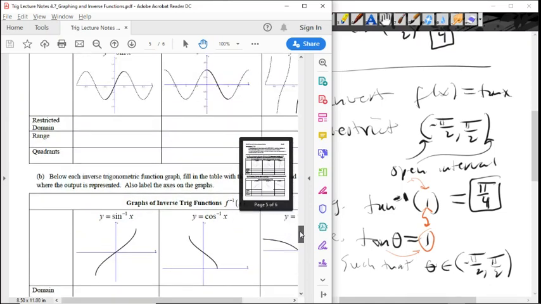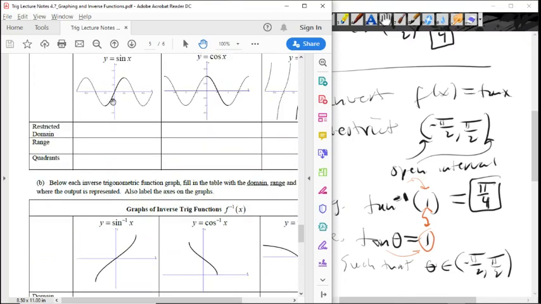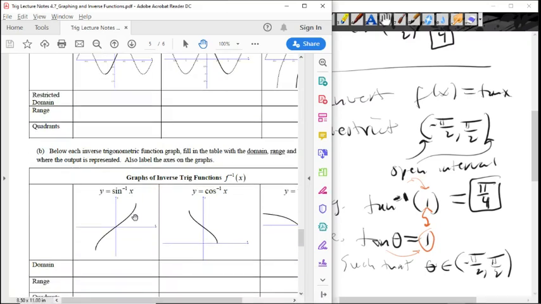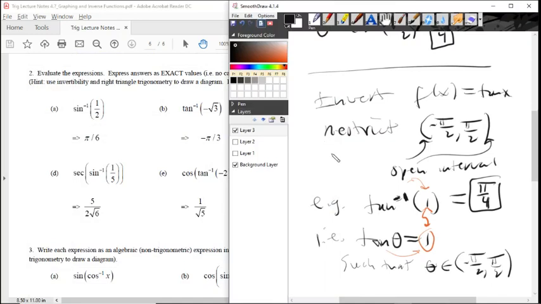So if we know, for instance, that the restricted domain of the sine function was x between negative pi over 2 and pi over 2, then the range of its inverse would have to be where y is between negative pi over 2 and pi over 2. We literally take the x values of the original function and make them the y values of the inverse, and vice versa.